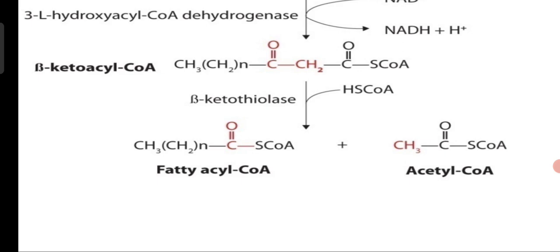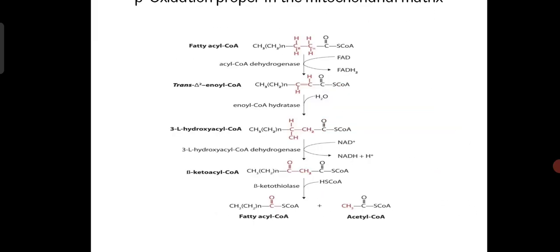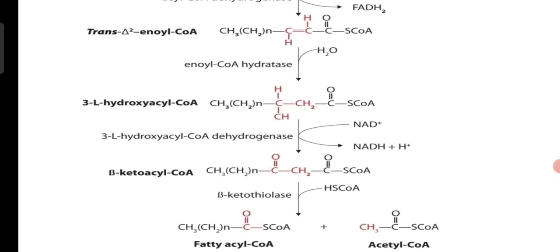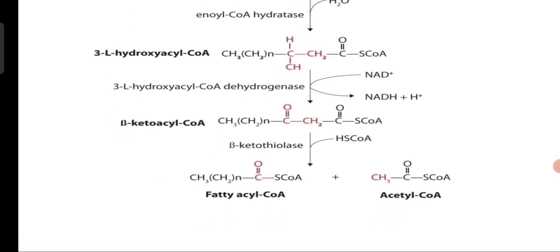So in the first step you can see oxidation, next is hydration, again oxidation, and the last step is cleavage, and they result in two products, that is fatty acyl CoA and acetyl CoA.